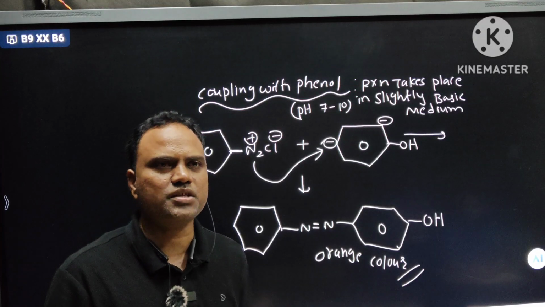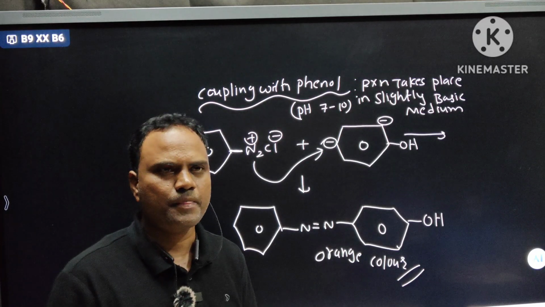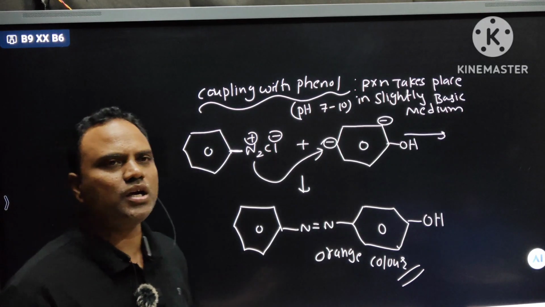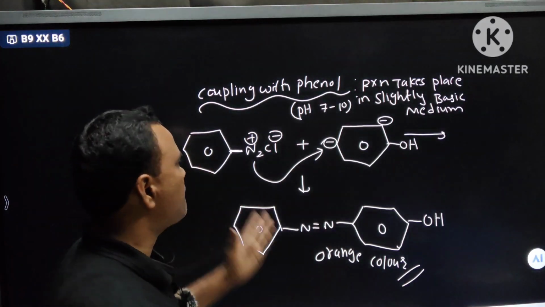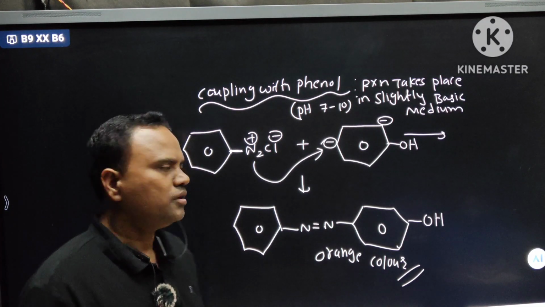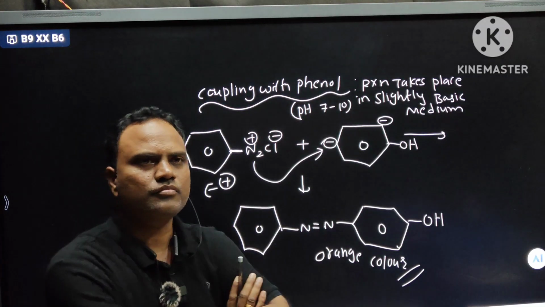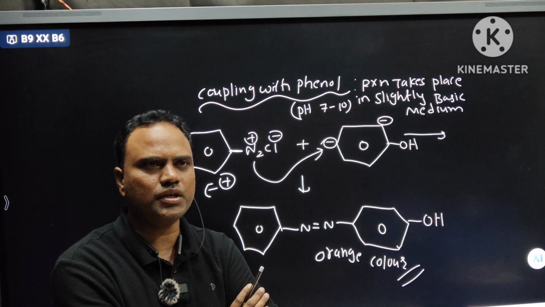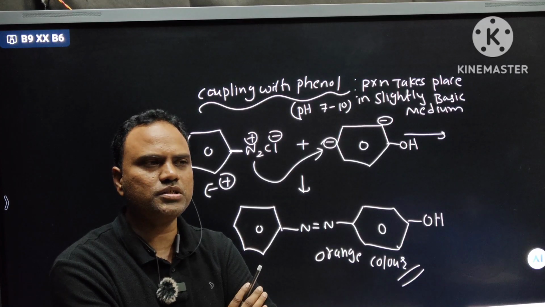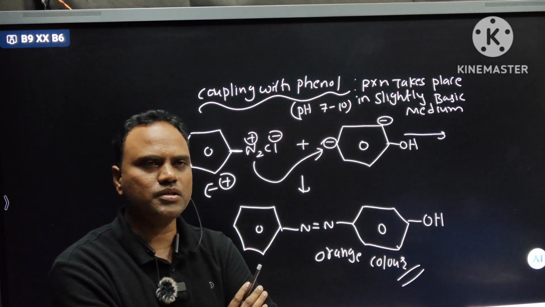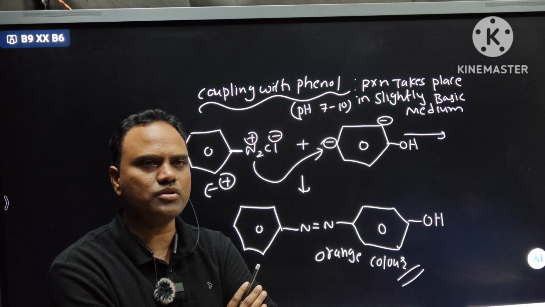Now, one important question to you. To increase the reactivity of the coupling reaction, what do we have to do? We have to attach which type of groups to benzene diazonium chloride? You know, benzene diazonium chloride is an electrophile. So how do we increase its electrophilicity? Yes, exactly, by attaching an electron withdrawing group.